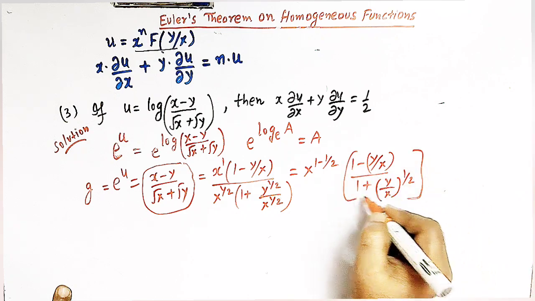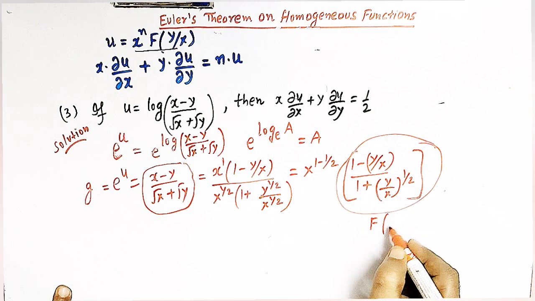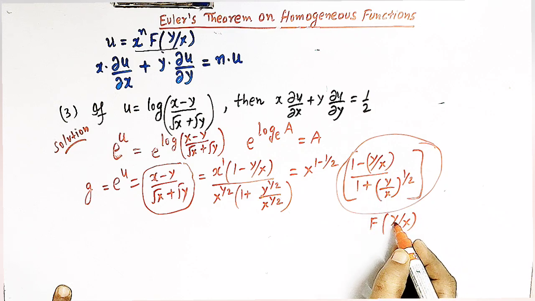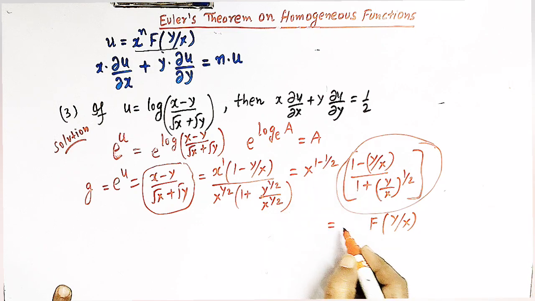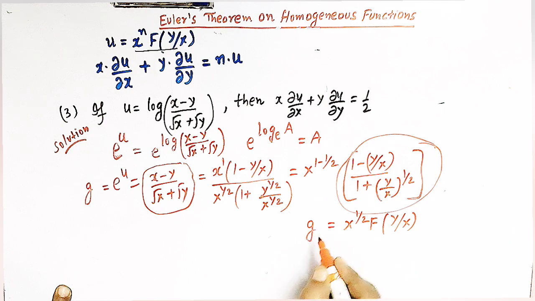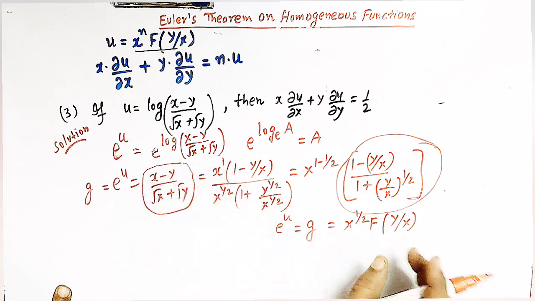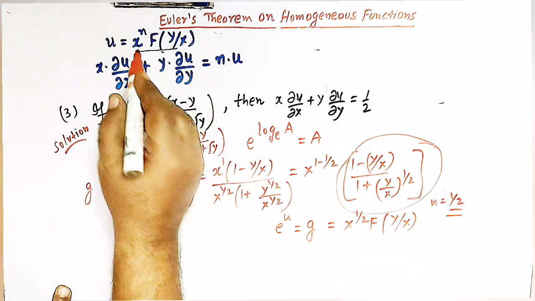Now this is a function of y over x, so let us denote it by f of y over x, and 1 minus half is x raised to half. So our function g, which is equal to e raised to u, is a homogeneous function of degree half, that is n is equal to half.